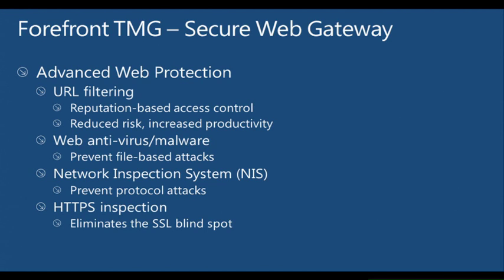And you need additional levels of protection in the perimeter, in the gateway, to protect your clients and provide that protection for you. TMG includes an integrated virus and malicious software scanning engine that is designed to prevent file-based attacks.